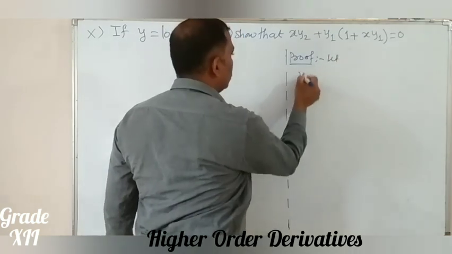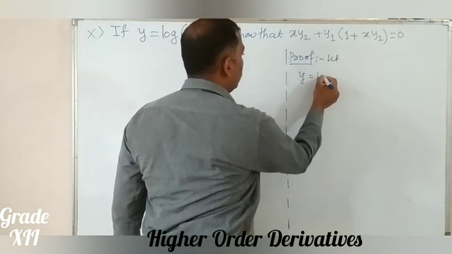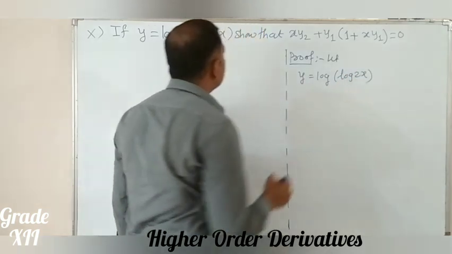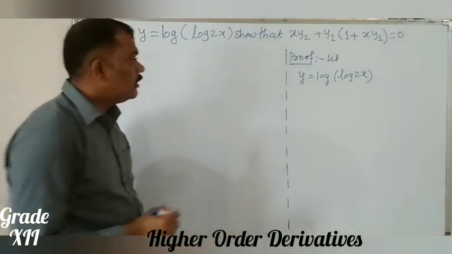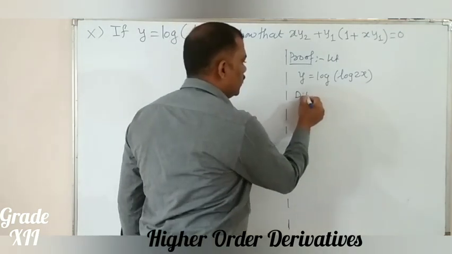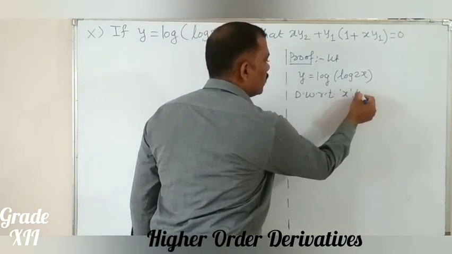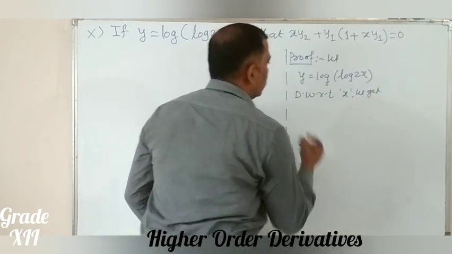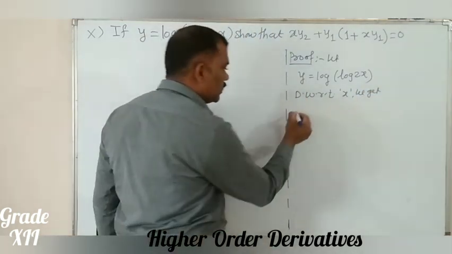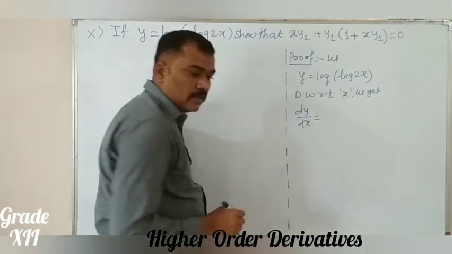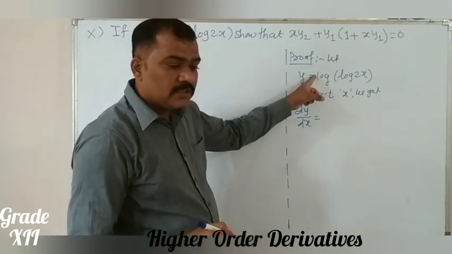Let y is equal to log 2x. We have to differentiate with respect to x, differentiation of y with respect to x, nothing but dy by dx is equal to, first we have to keep the finger on this log.